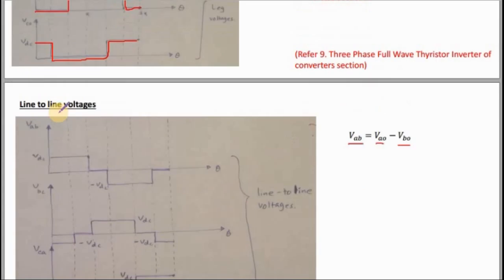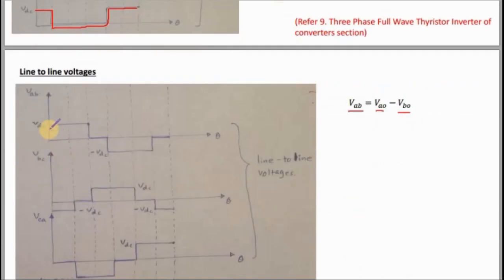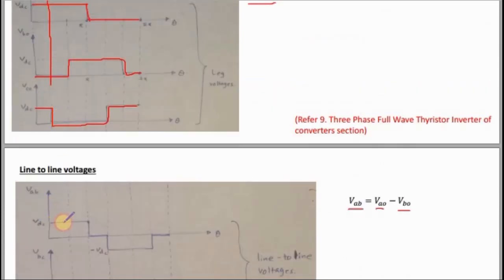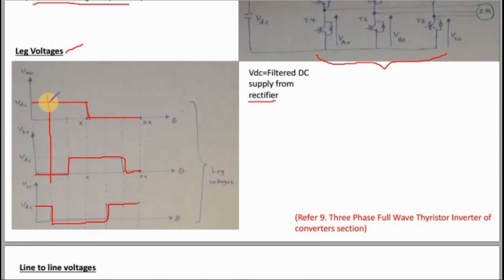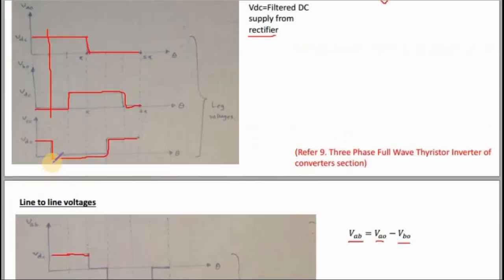So you take this part, this part, VAO minus VBO. So that is VDC minus 0. Again VDC.